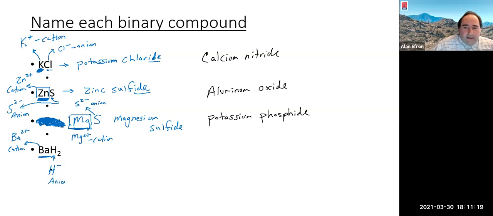So again, when hydrogen comes second in the formula after a metal, it will carry that negative charge. We again really name it off of the barium. So since the barium is group 2, has that fixed charge, it would be barium, and this would be hydride. Again, no need for a di or anything on that because of the 2. The 2 is there to balance out the charge. Again, we need 2 of them there to balance out the charge of barium. Any questions on going from formula to name here?